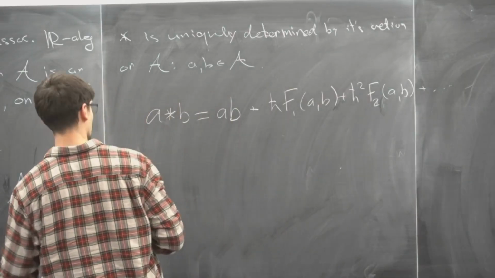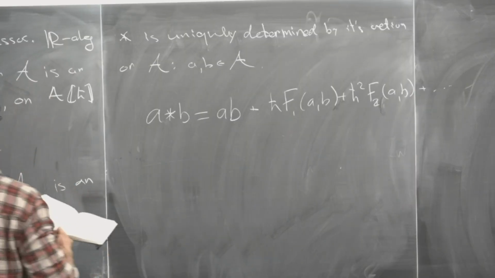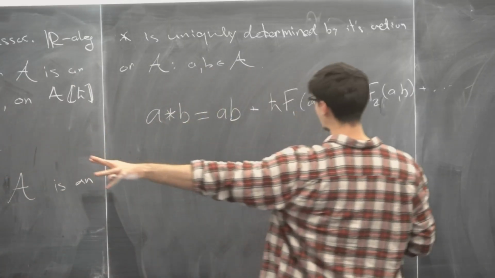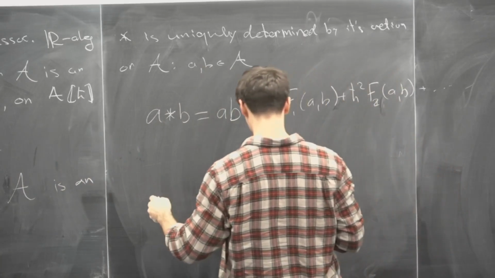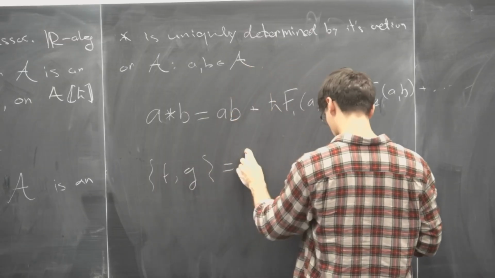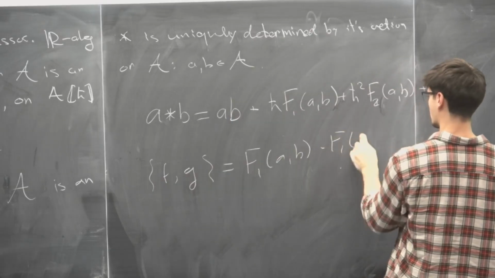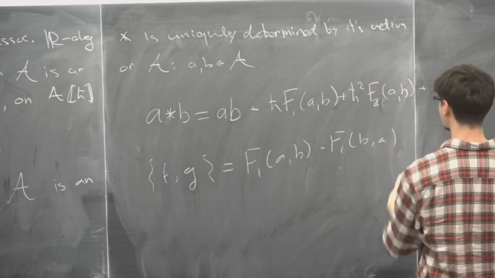And a formal deformation of any algebra, if we use this idea over here, gives us a Poisson bracket defined uniquely by the difference F1(a,b) minus F1(b,a).